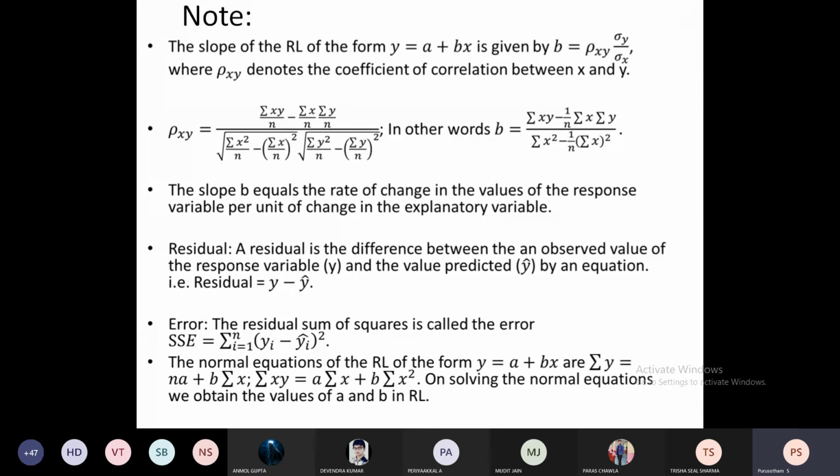Apart from these techniques, we also have exponential fitting, growth curves, and a lot of things. But all those may not be in our syllabus, so we'll focus the contents on the syllabus.